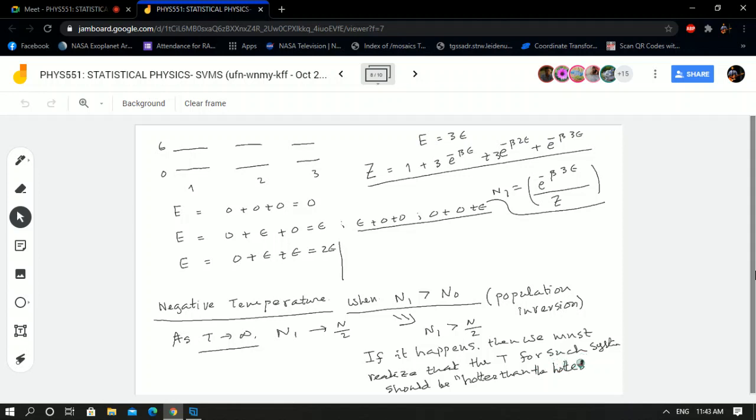Why am I saying hotter than hottest? Because hottest is infinity, and if this happens, that means you are able to promote more than N by 2 particles to the excited state. That means it is even hotter than the hottest. So that is what we define as negative temperature, and you can see that a negative temperature system will be hotter than any positive temperature system.